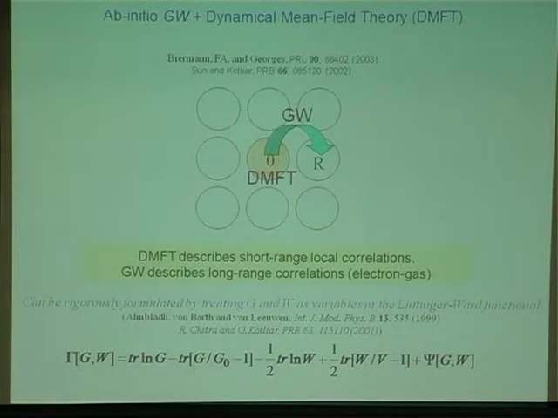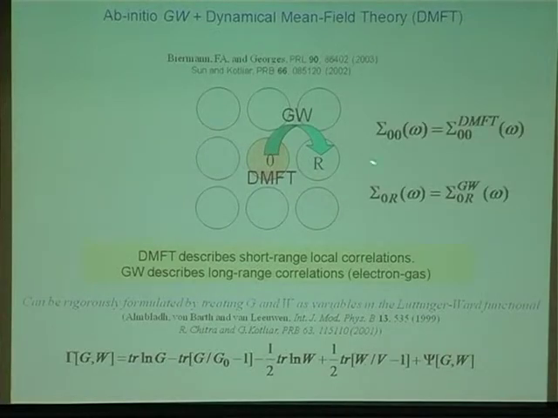The idea is that the non-local self-energy should be relatively much weaker compared to the local self-energy. So hopefully that can be described in terms of perturbation, many-body perturbation theory, which is what GW is. So the local component of the self-energy is taken from DMFT and the non-local one from GW.